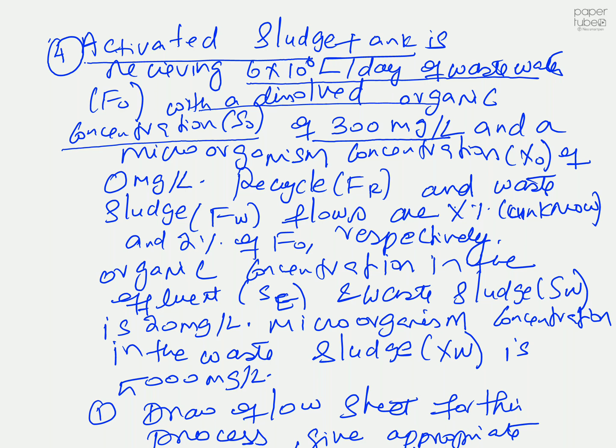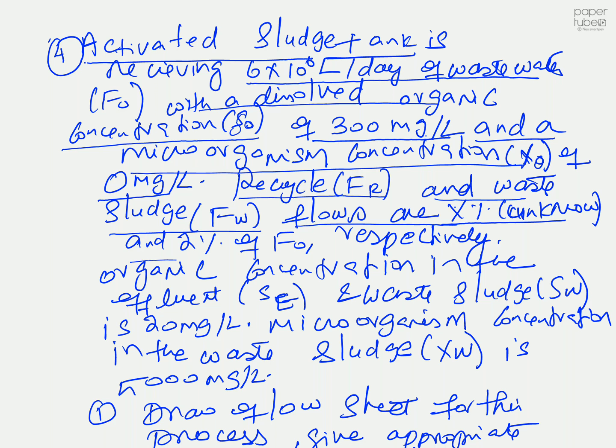So that contains a substrate concentration of 300 milligrams per liter and a microorganism concentration X0 of 0 milligrams per liter. In the problem I already gave some notation. So S0 means initial substrate concentration, X0 means initial microbial concentration, and there is a recycle FR and a waste sludge flow, which are X percent and 2 percent of your F0 respectively.